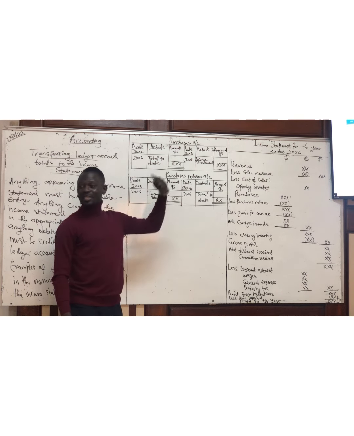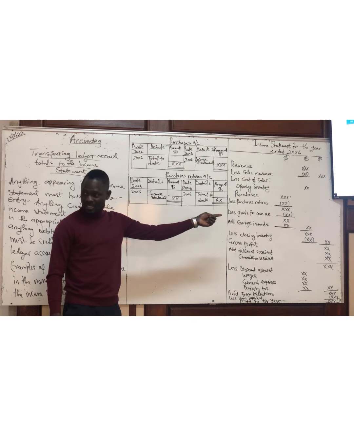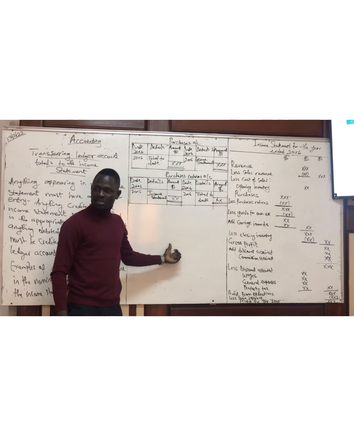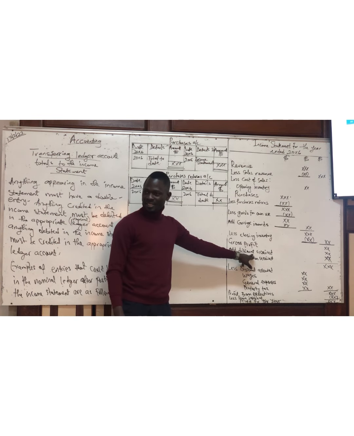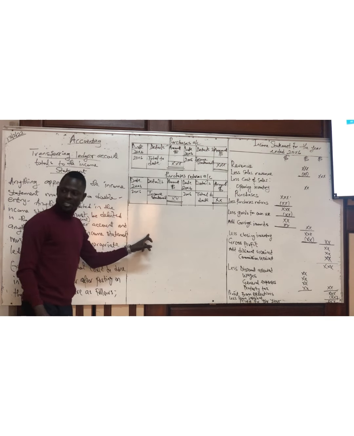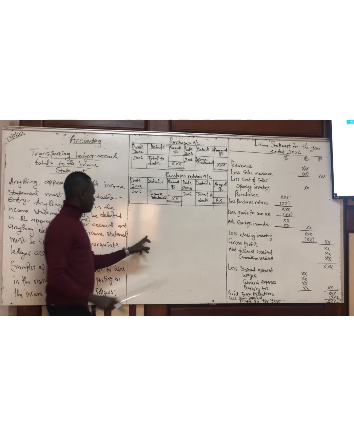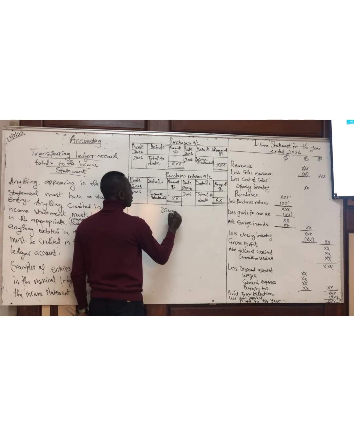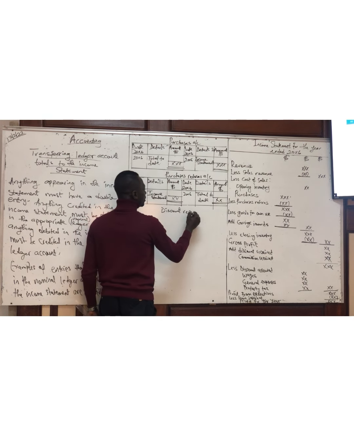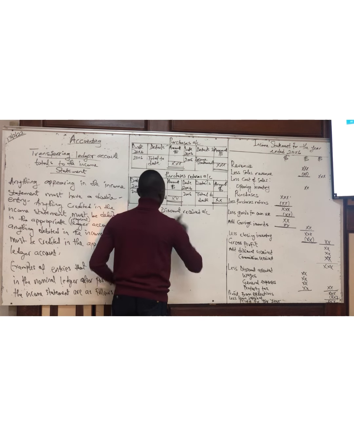Discount received is on the credit side, right? So here it will be on the debit. On your income statement it is credit, remember that? Then here it will be debit income statement. Is it clear? So we have the discount received account.